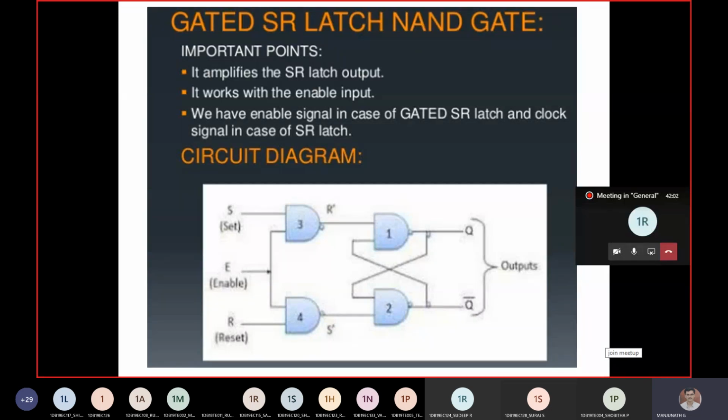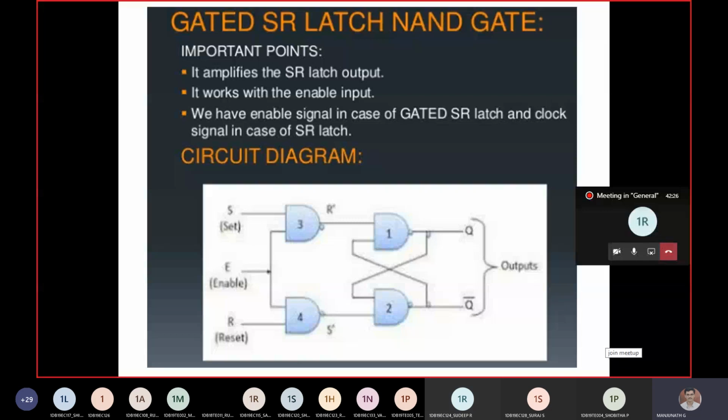Okay? And the gated SR latch works with an enable input. This was not done in the case of your previous two types. That is the extra thing you should learn in this gated SR latch. So both depend upon your enable pin. Both means NAND as well as NOR gate realization I'm telling. Is it fine here?